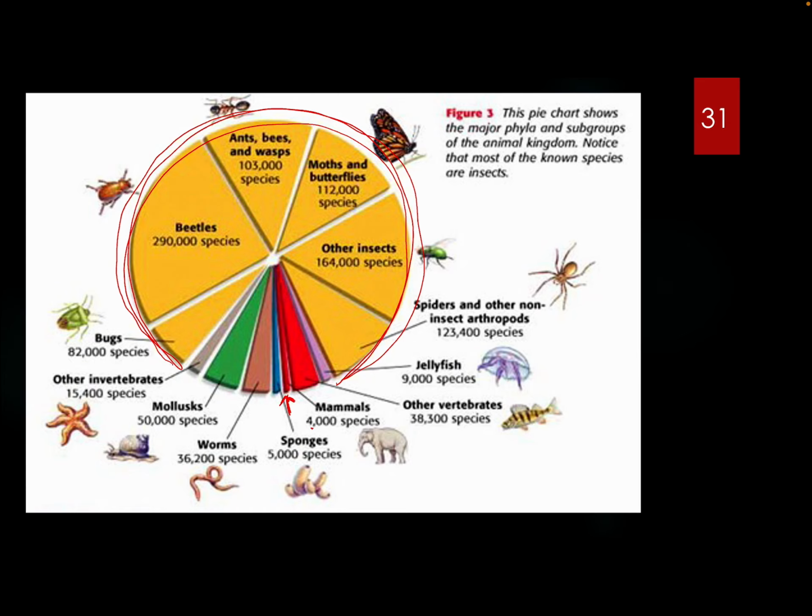That is mammals. There's only about 4,000 known species, but we take up just the tiniest fraction of all of the known species. But then if you think about it, we cover a lot of the earth, if you're talking about mammals. So it's kind of interesting. I like looking at how many more species there are of insects than anything else. There's actually more different species of sponges than there are of mammals. Okay.